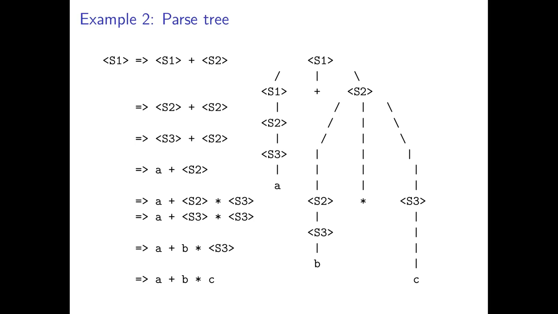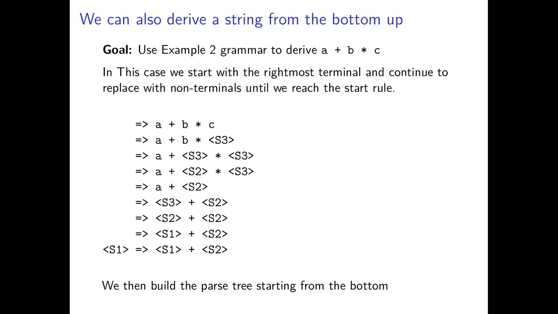In bottom-up parsing, we use the same grammar from example 2 to derive A plus B times C, but in a bottom-up fashion. In this way, we start with the terminals and continue to replace them with non-terminals until we reach the start rule. So we start out with our string A plus B times C, and then we replace C with a non-terminal S3.